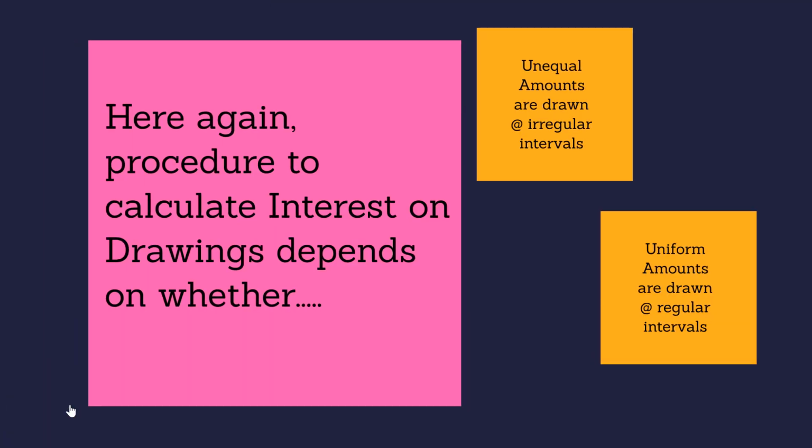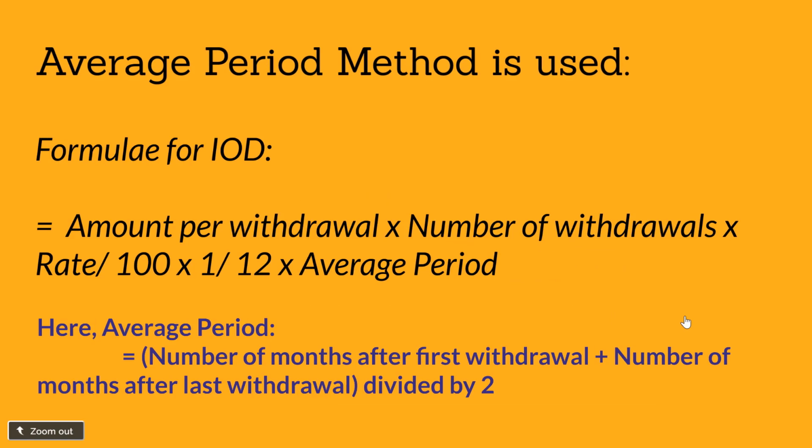Now in this video we will learn an easy method when the amount drawn is uniform and also the interval is regular. In such a case, the average period method can be used.